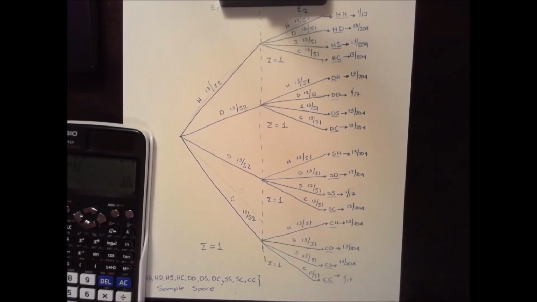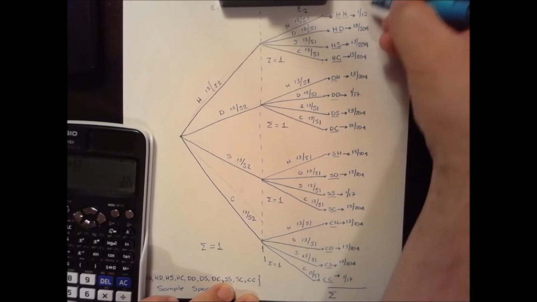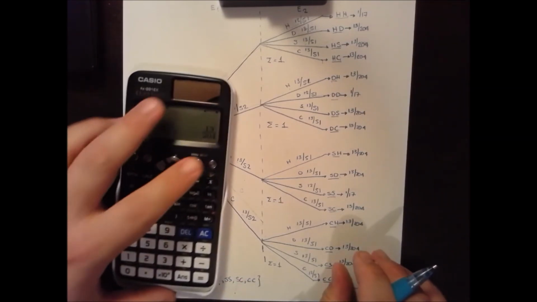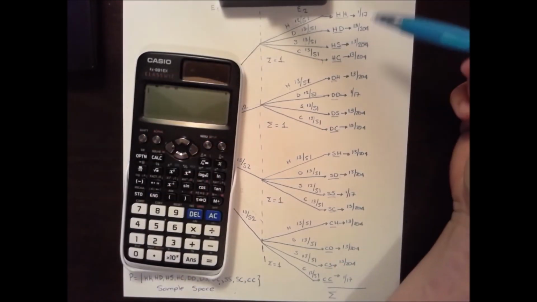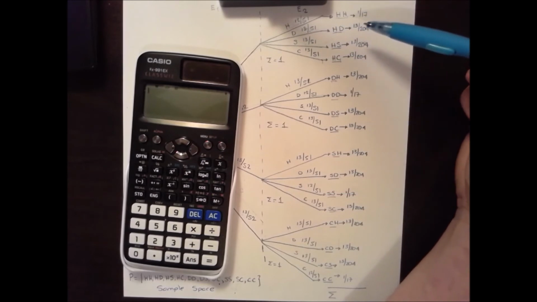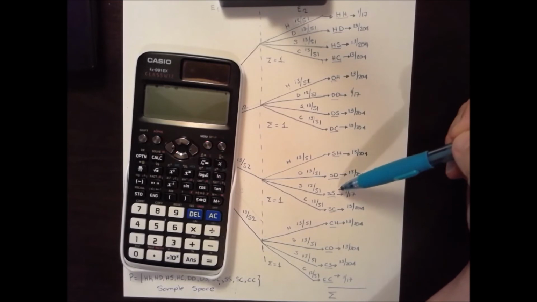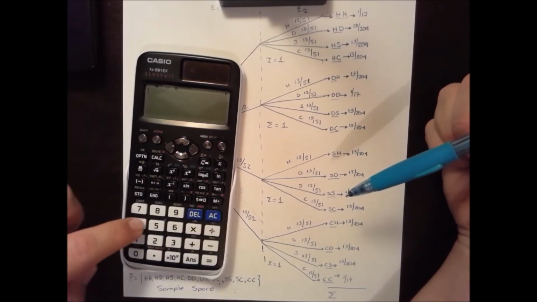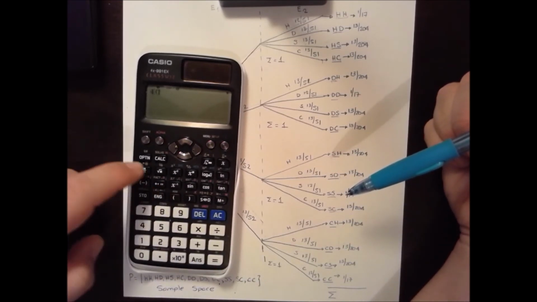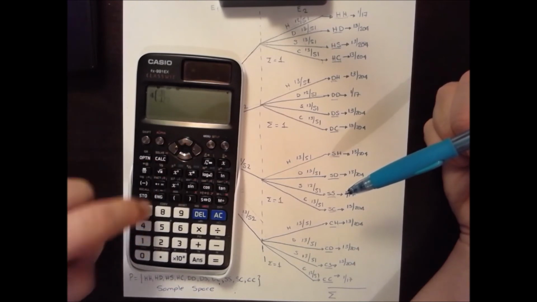So how to know that I'm okay? Very easy. Just add all the probabilities that you have over here. It's not necessary that you add one by one. Look at this. How many 1 over 17 do you have? You have 1, 2, 3, 4. Okay, 4 times 1 over 17.